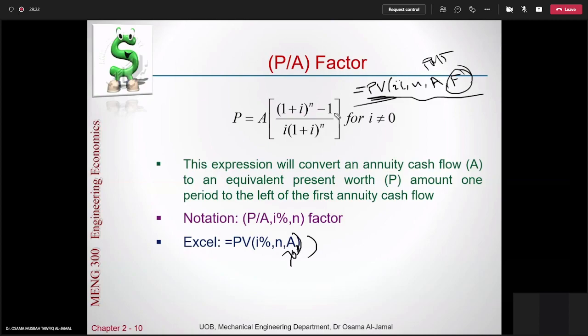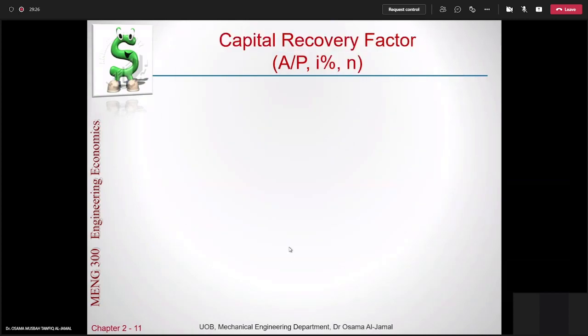Present worth or present value. The capital recovery, A given P. Why do we call it capital recovery? Because we want to recover the investment, or to recover a loan, per year in annuity.